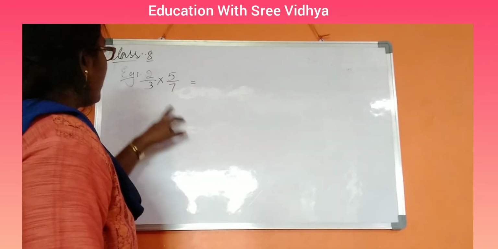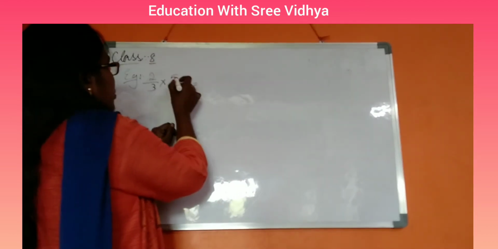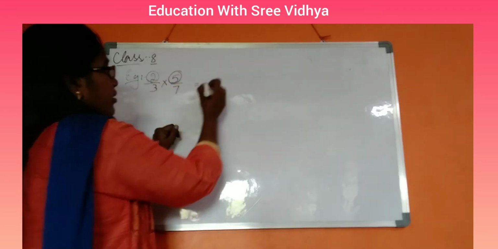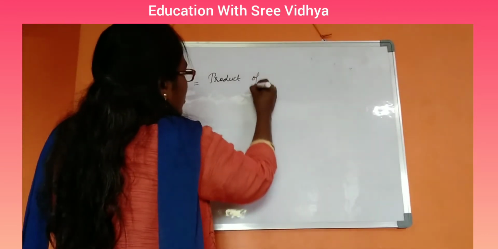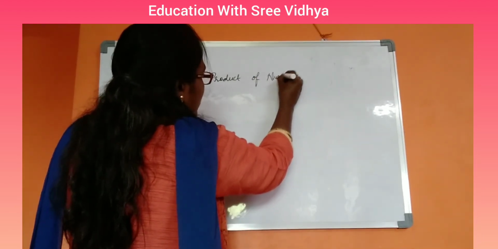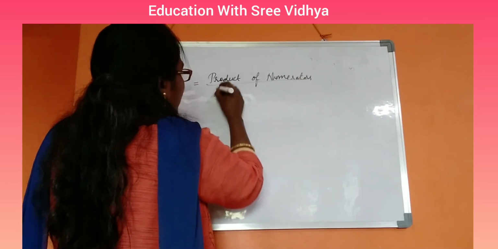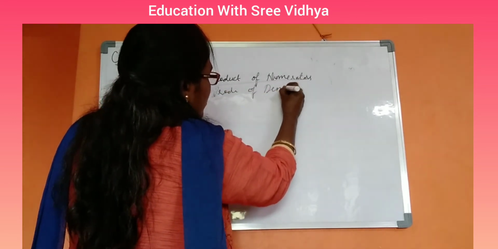So children, let us take one example of multiplication. Both the numerators are to be multiplied, the product of numerators divided by the product of denominators.